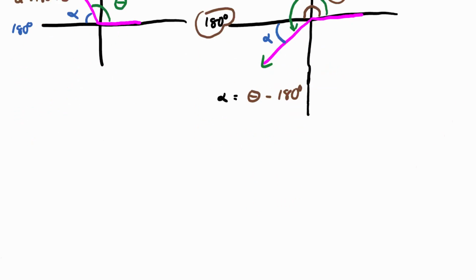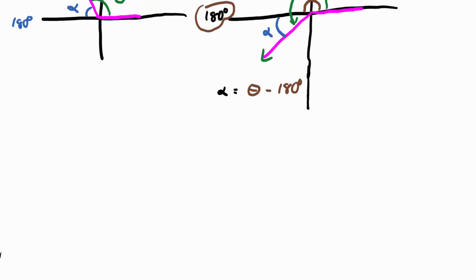Okay, finally, similar picture, but we're going to draw theta in the fourth quadrant. So if we do that, the initial side coincides with the x-axis. The terminal side you want to draw in the fourth quadrant so that theta then is this big old angle here.